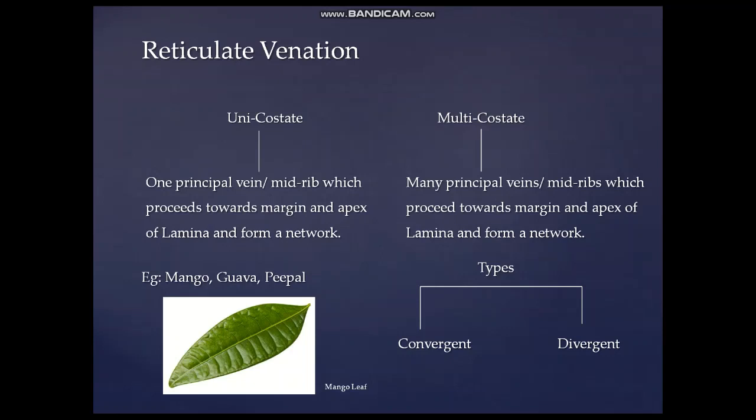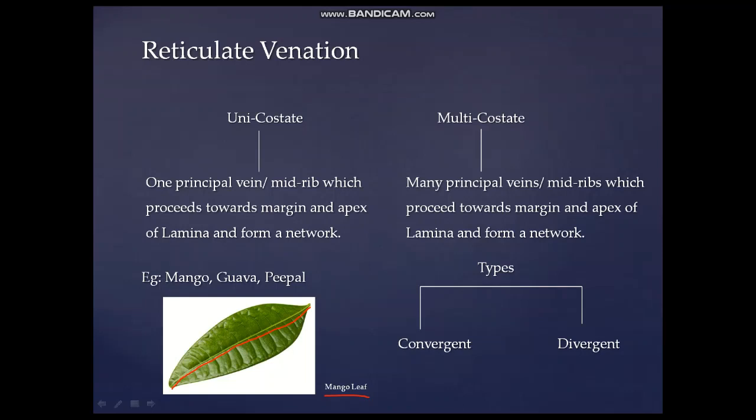So one principal vein or midrib proceeds towards the margin and the apex of lamina and forms a network. Examples: mango, guava, peepal. You usually see these plants in your day-to-day life. And look at the diagram. Here the midrib runs from base to the apex. Only a single midrib is present.